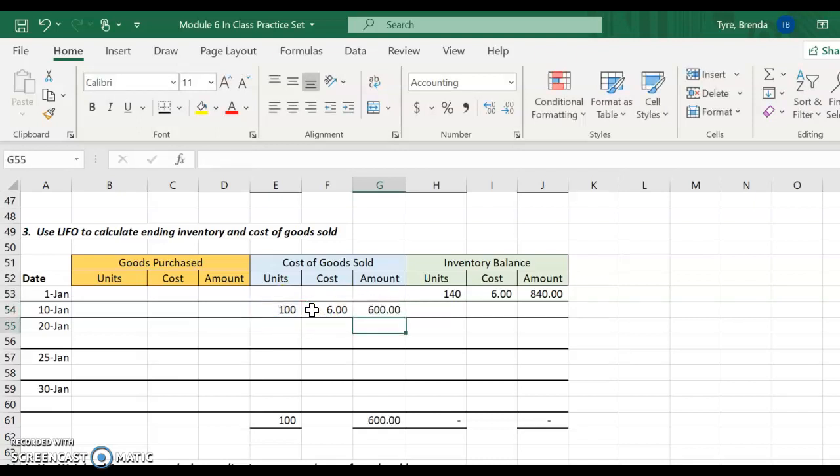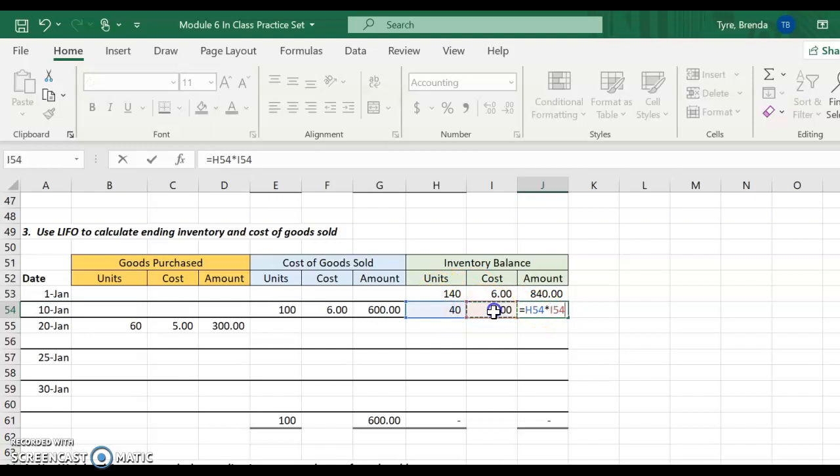On the 20th of January, we purchased 60 units at $5. And I neglected to do my inventory over here again. So here we had 40 remaining at $6. So 240. And now we're going to add that 40 at 6 again.